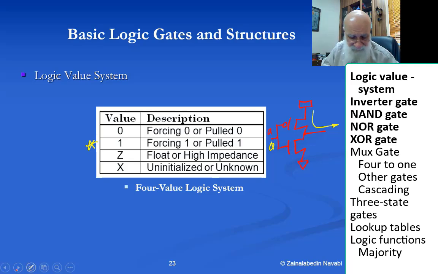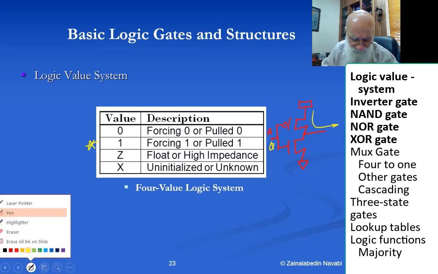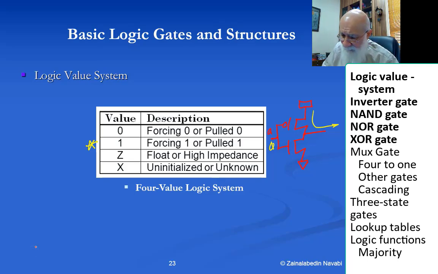On the other hand, if for example my A input is 1, the upper transistor will not be conducting, but the lower transistor will be conducting, and therefore I have a path from my inverter output down to ground, and then I have a driven 0. When we say driven 0, it means there is an electric path from the output down to ground, and therefore it is a 0.